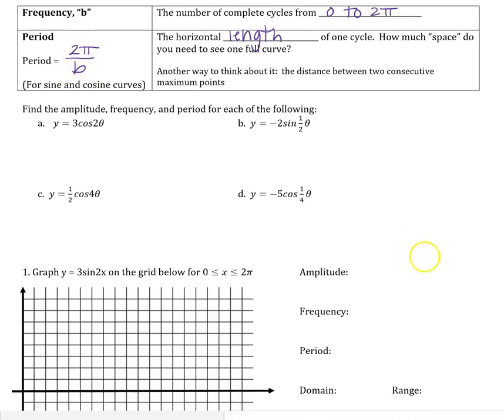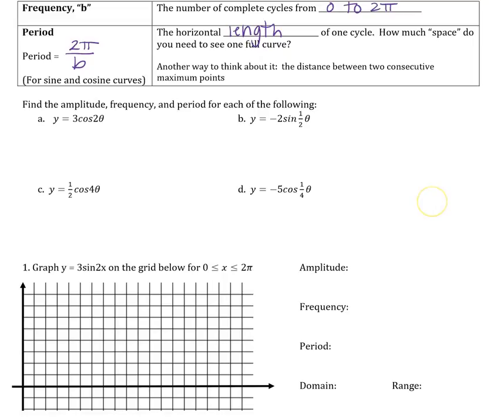So in this first section, we're just looking at 4 different functions, and I want to find the amplitude, frequency, and period of each of the following. So for example, in A, the amplitude is 3. And remember, this is always going to be a positive value because it's a distance. The frequency is 2.